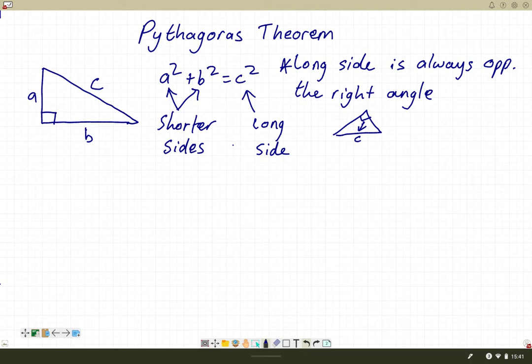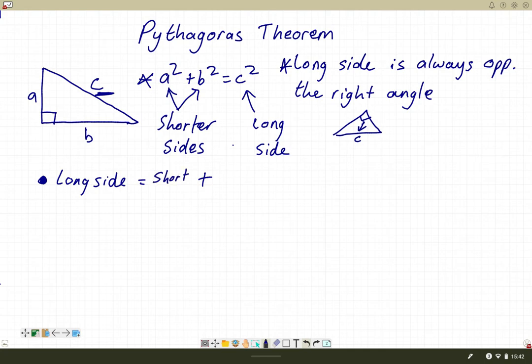Now there is an easy way to do it. When you understand the formula, these questions are a lot easier. This is the rule I use. If I'm trying to work out a long side, so if I'm trying to work out C, I add the two shorter sides squared.